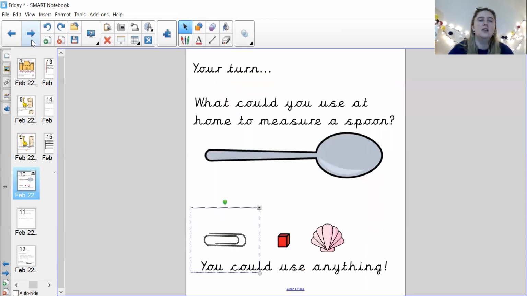Okay, so now it's your turn. What could we use to measure a spoon at your house? What could you use? I thought I could use maybe paper clips or blocks or shells, as long as they're the same size. You could literally use anything you want to.